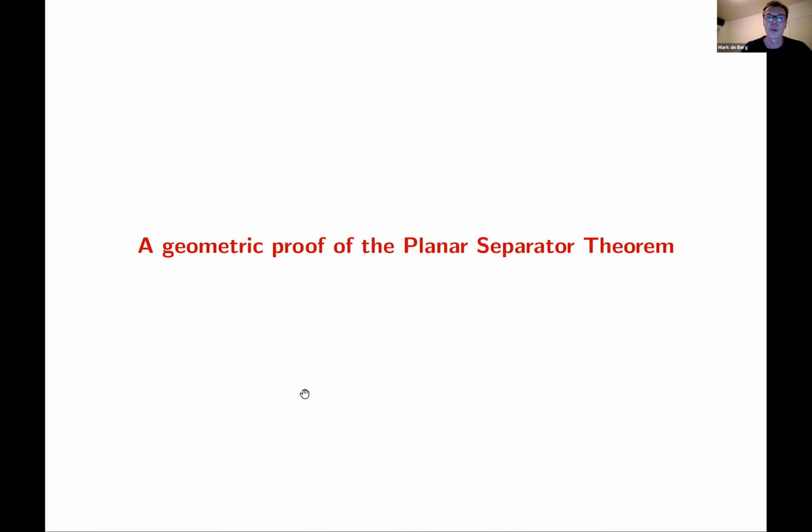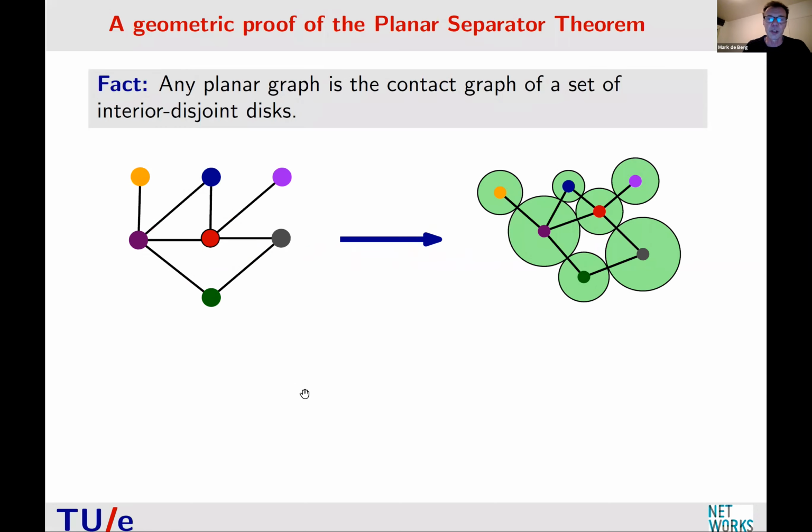So with this proof, you have some of the basic ideas, and if you want to know how the other planar separator theorem is proved, I guess you have to read the paper. But let's have a look at the planar separator theorem.